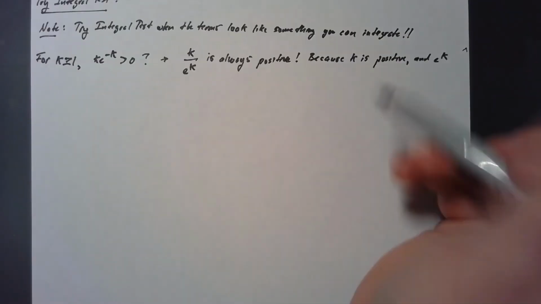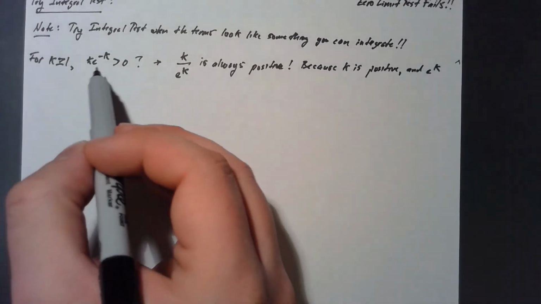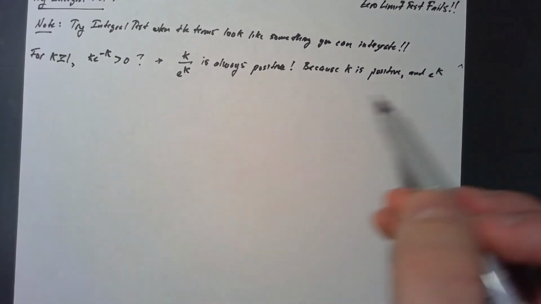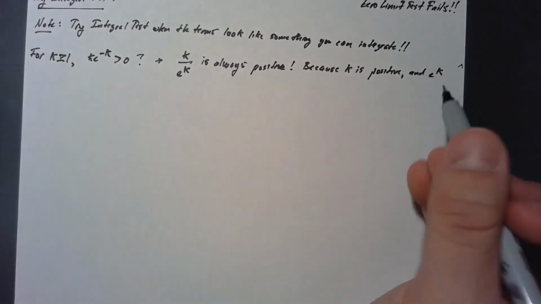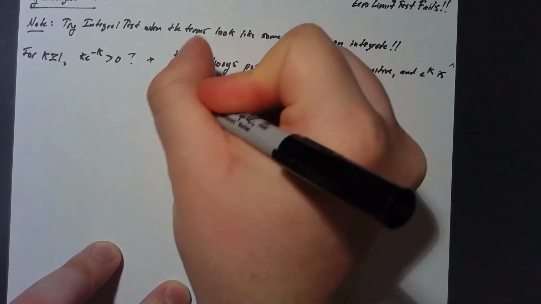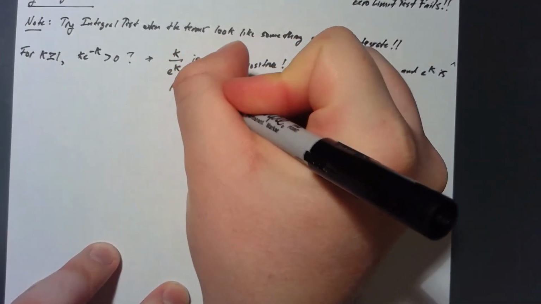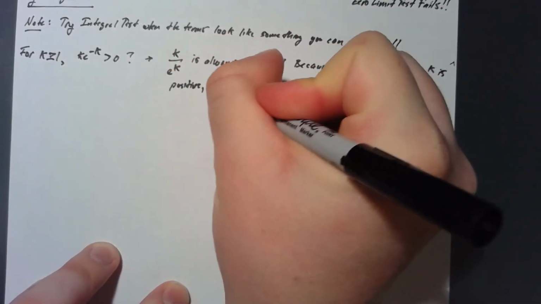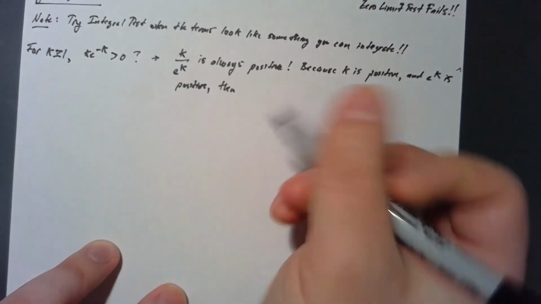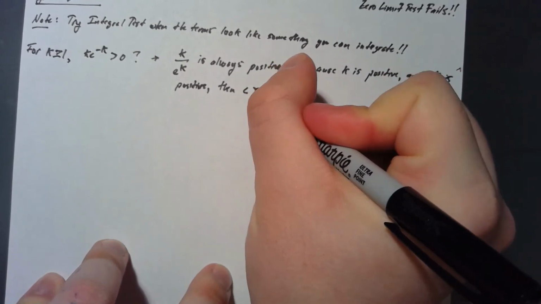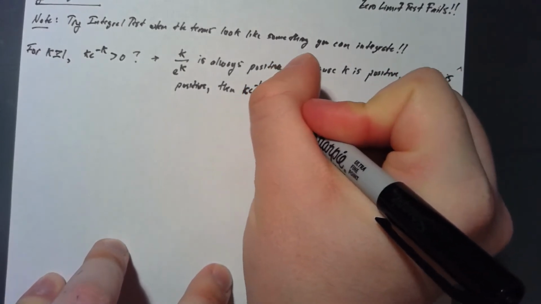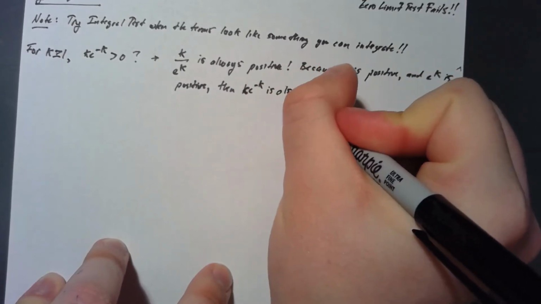So you can either look at it as a product of two positive numbers is still positive, or the ratio of two positive numbers is still positive. So because k is positive and e to the k is positive, I'll just say k times e to the negative k is also positive.